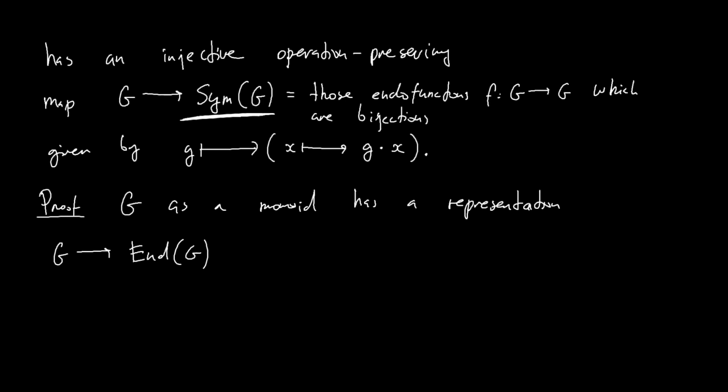But now you don't want to go to endofunctions. You want to go to bijections, not just all endofunctions. But this representation is actually the same one as before, if you recall from last time. It maps G to a function that maps every x to G times x.